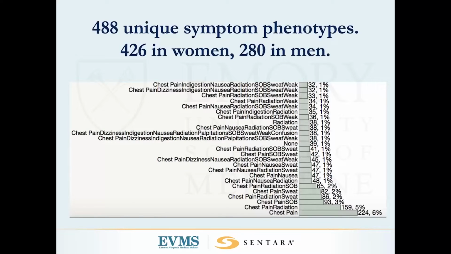And there were 426 phenotypes in women and 280 phenotypes in men. So it looked like substantially more in women than men, but remember, the study signed up women and men on a 2-to-1 enrollment ratio. So we don't know yet whether that is meaningful or not.